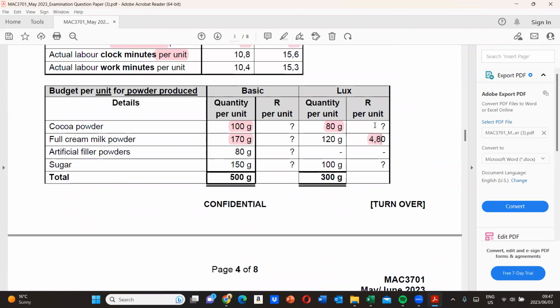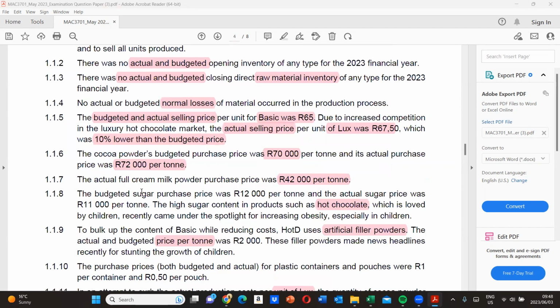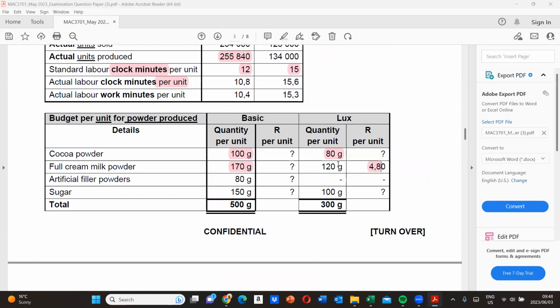Full cream milk powder, it's 4.8. And what about the other one? 1.17. Now this is the actual, and we want the budget. We can work it out. Remember, the price will be the same. The question wasn't really straightforward.